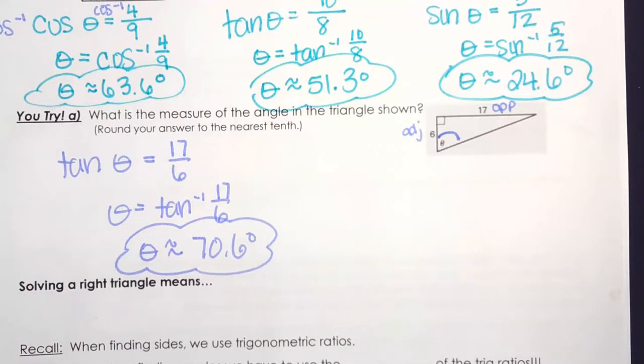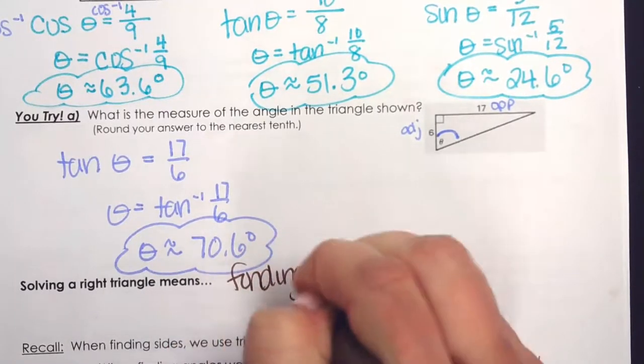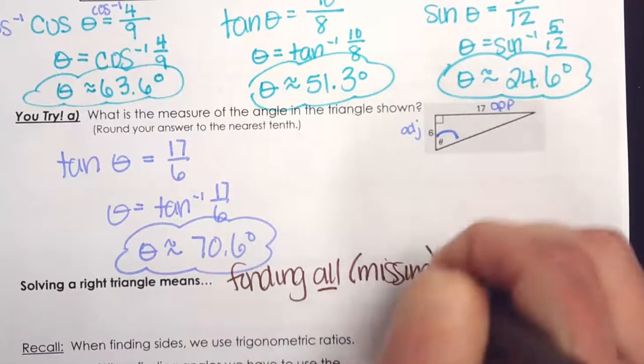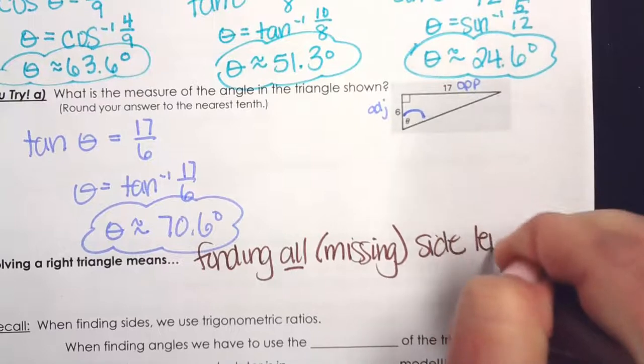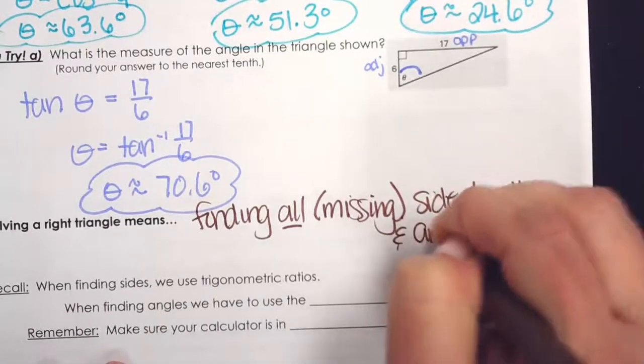Okay. So when we solve a right triangle, solving a right triangle means that you're going to be finding all missing side lengths and angle measures.